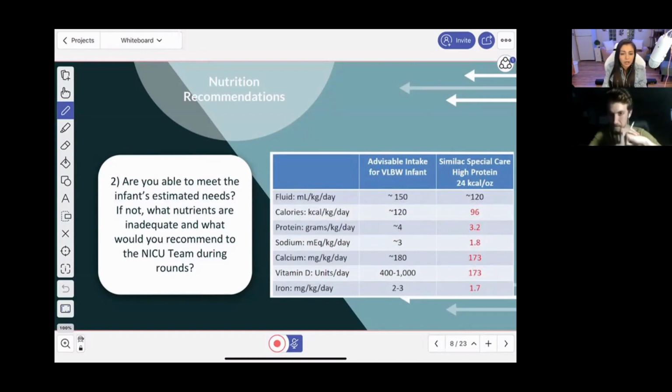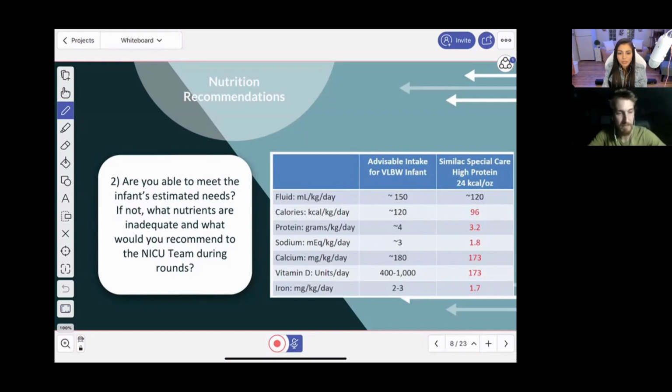Calcium is a little low, but almost there, but it should be around 180 because, as Dr. Abel always says, especially in all the PDFs, we never want to be under, because we want to plan ahead for the premature babies.